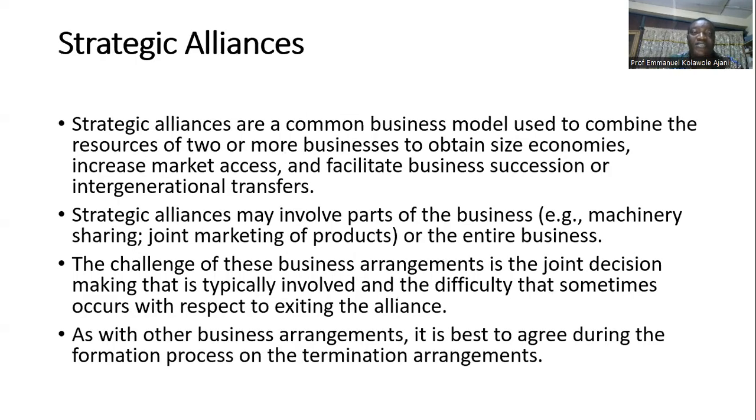The next one is the strategic alliance. Strategic alliances are common business models used to combine the resources of two or more businesses together, to obtain price economy, to increase market access, and facilitate business succession and intergenerational transfer.